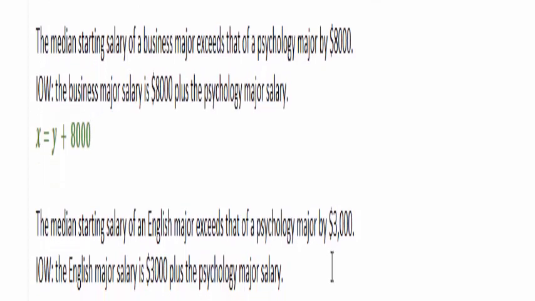And then there's another sentence, there's a couple of them. The median starting salary of an English major exceeds that of a psychology major by $3,000, which means the English major's salary is $3,000 plus the psychology major's. So W was the variable we assigned for English major, Y, psychology major, plus our $3,000.